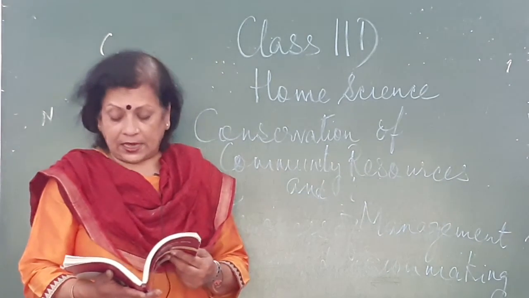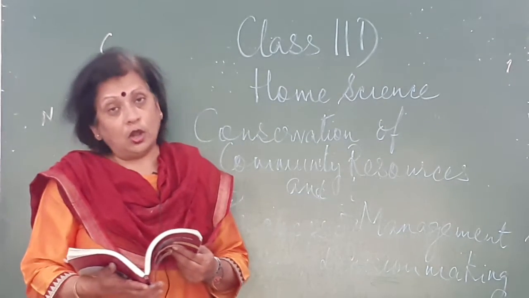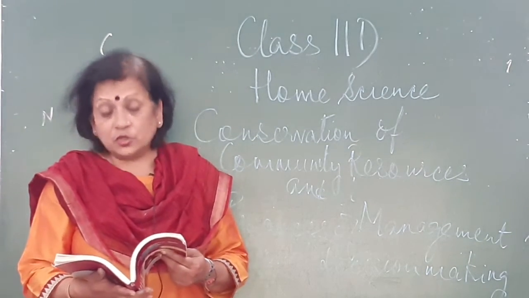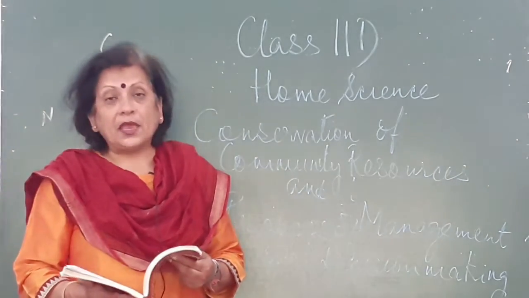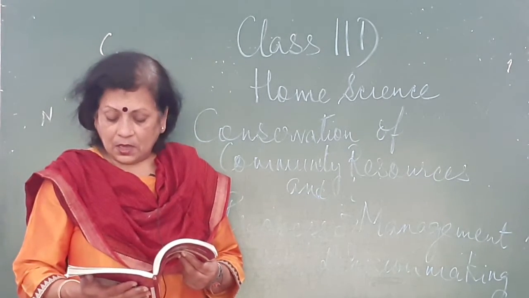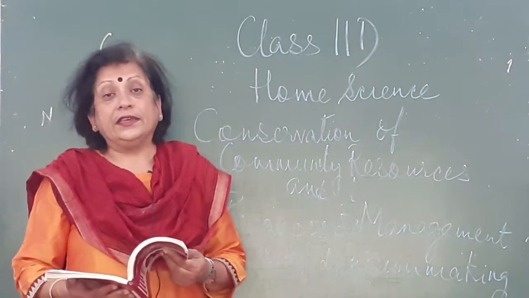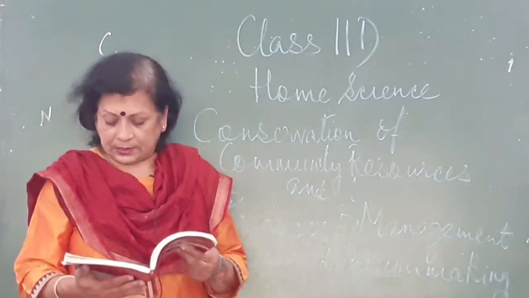I repeat once again, it is a process to utilize what you already have and to achieve what you require. So the main goals of management are what we want and how we can get it with the resources available with us.